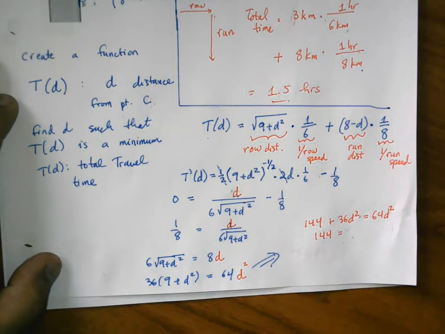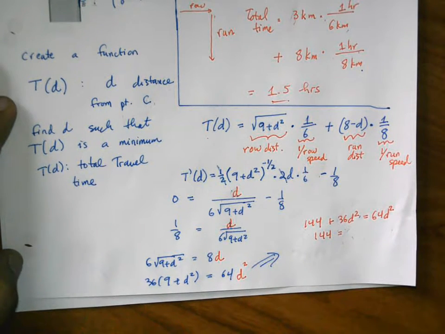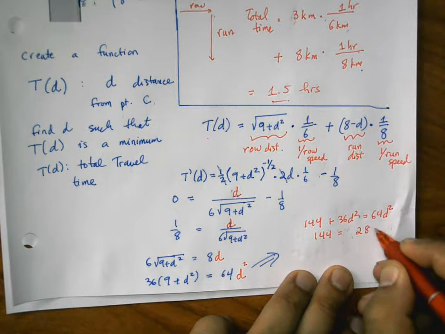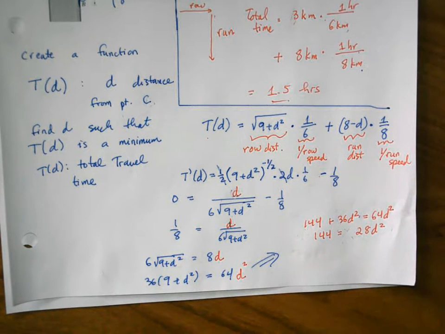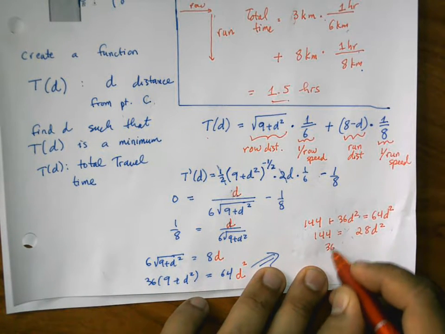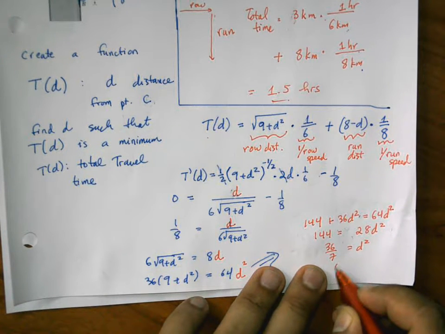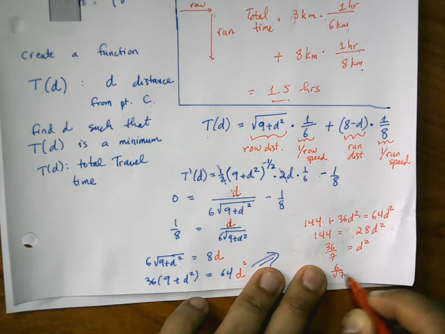144 is equal to 64 minus 36, which is 28, d squared. 144 over 28 will give us 36 over 7, and that means d is equal to 6 over root 7.